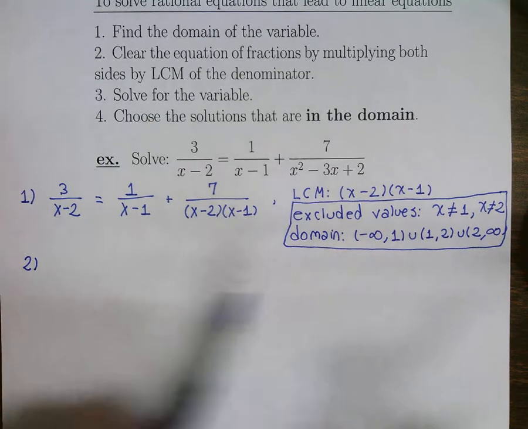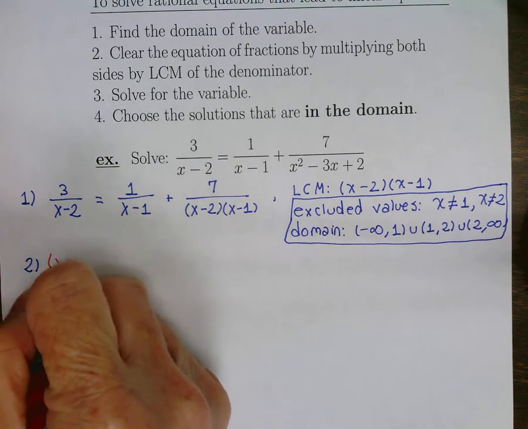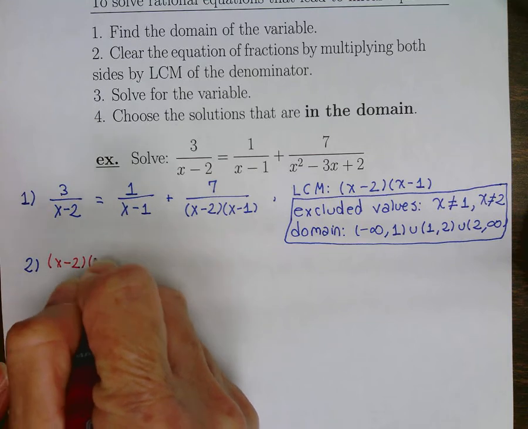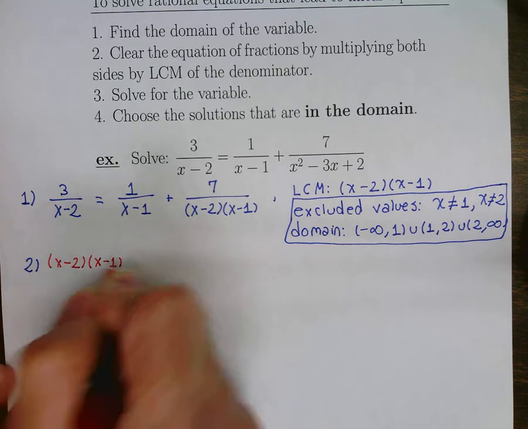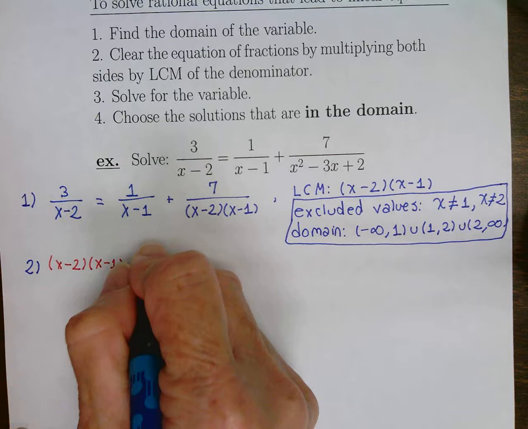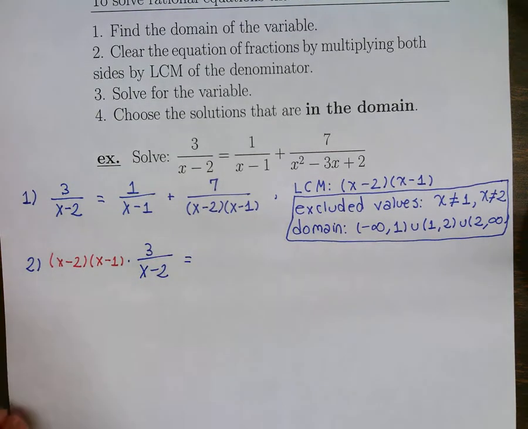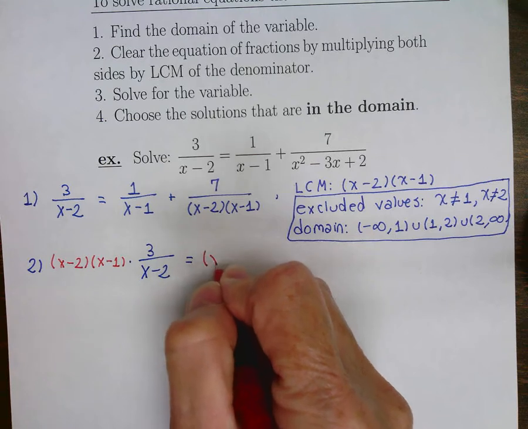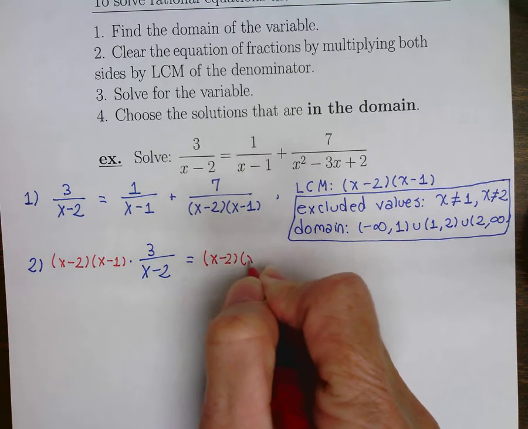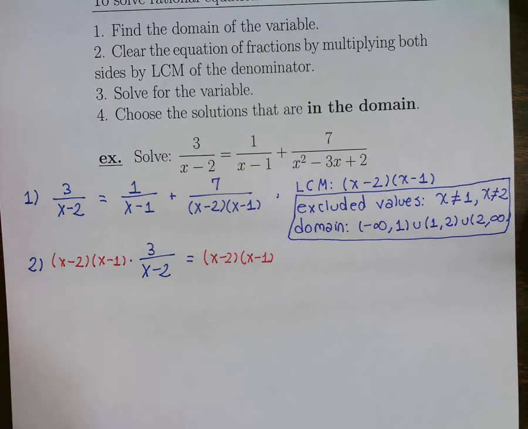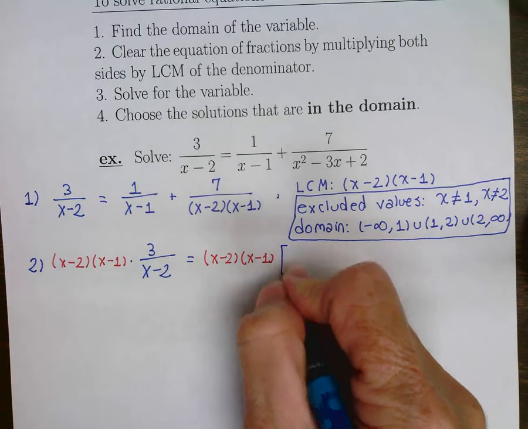Okay, so we'll take x minus 2, x minus 1 times the left-hand side of the equation, and then to maintain equivalence, I have to multiply that by the right-hand side of the equation.